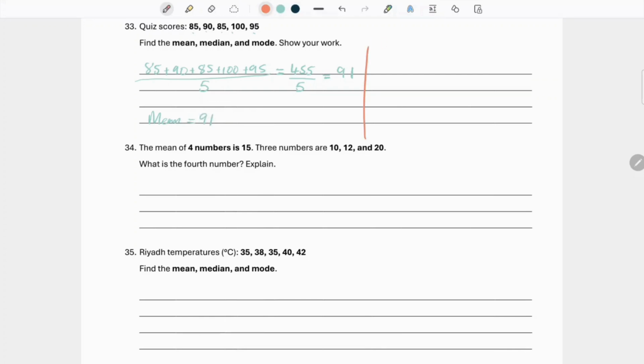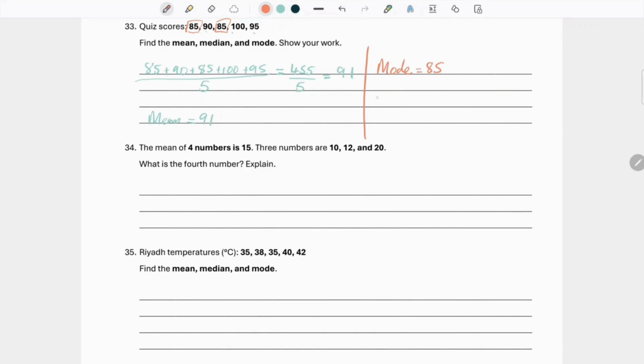It's asked you to find the mode as well. So the mode is quite easy to find. Let's see which number occurs the most. We've got two 85s. So the mode equals 85. Now, in order to find the median, we first need to put the numbers in order. I usually put it from smallest to largest. You could put it from largest to smallest, up to you.